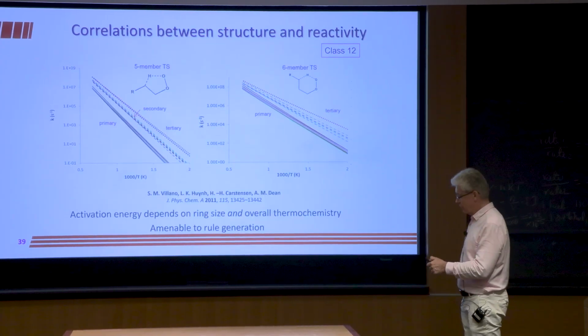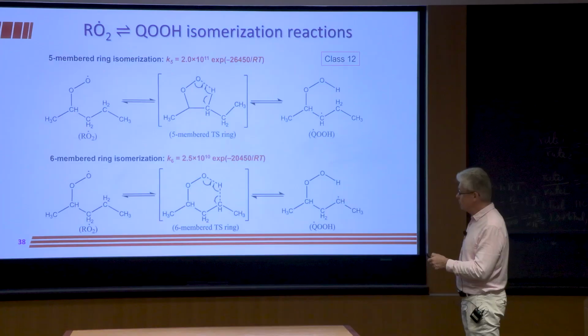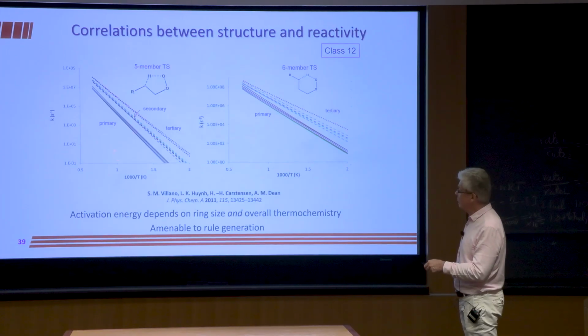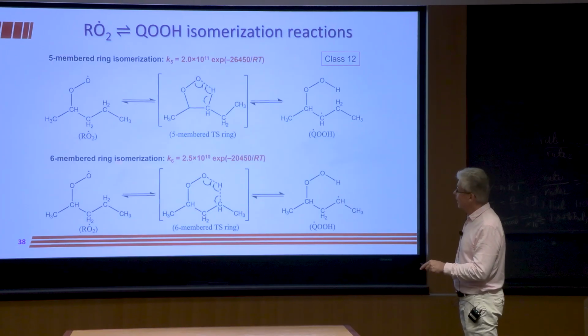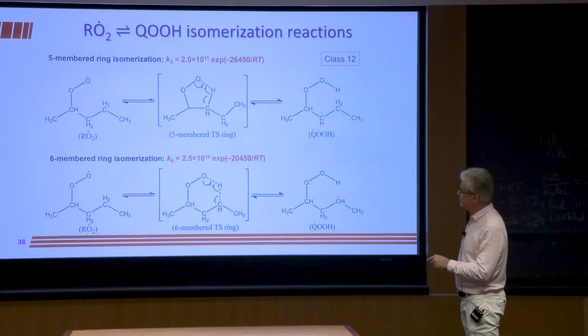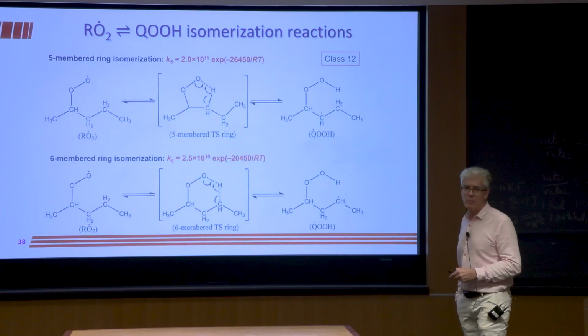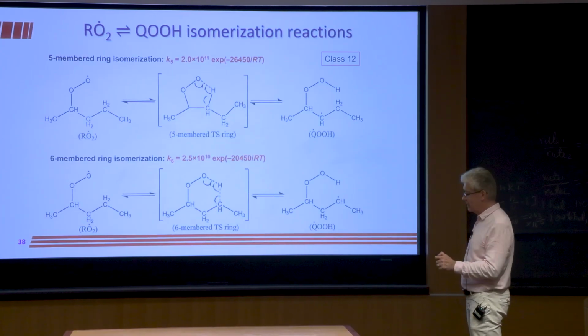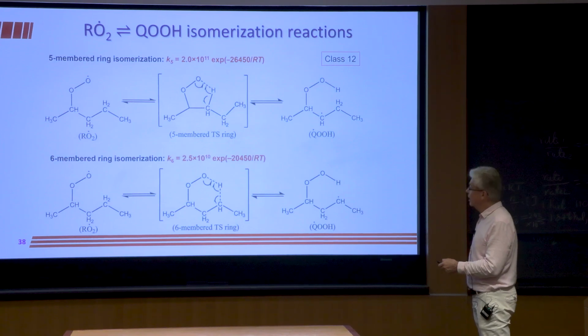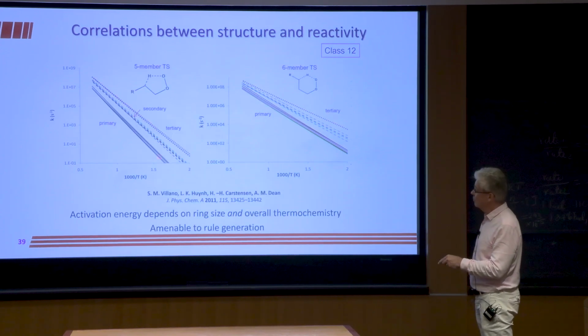So if I go back one, in both of these cases they're involving secondary hydrogen atoms. In this case, it's this secondary one. In this case, it's this one here, okay? But in both cases, they're secondary hydrogen atoms, right? But they did multiple primary, multiple secondary, and multiple tertiary.